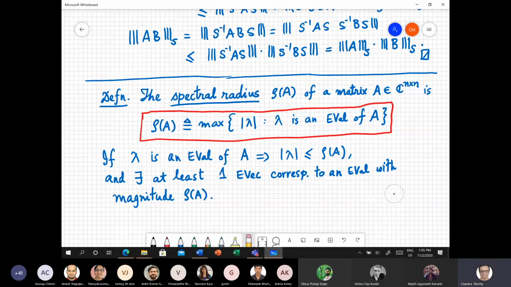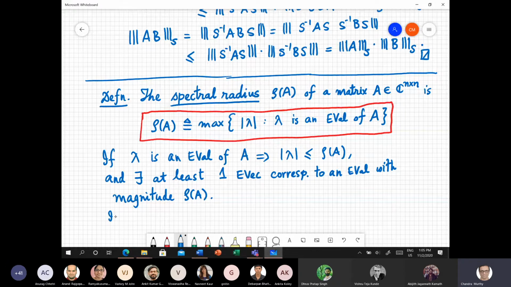So basically, since rho of A is the maximum magnitude eigenvalue, if I consider that particular eigenvalue that gave me rho of A, there is a vector x such that.